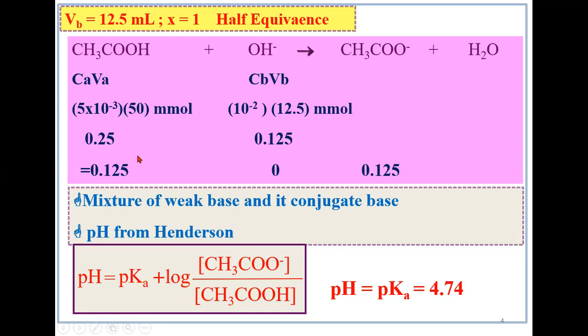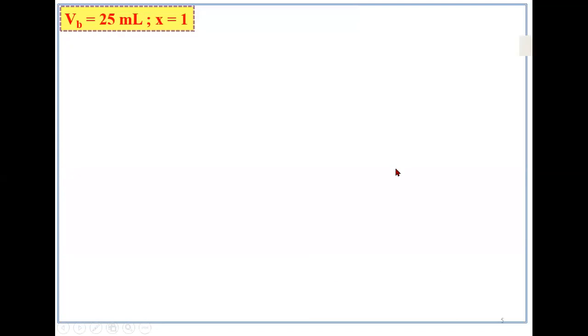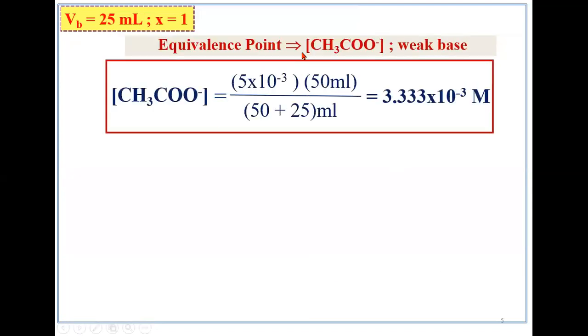So both will be reacting completely to 0 and 0. And everything got converted to the acetate. So now I will get 0.25 moles of acetate, or CAVA, divided by, if I want concentration, you have to divide it by the total volume, which is VA plus VB.